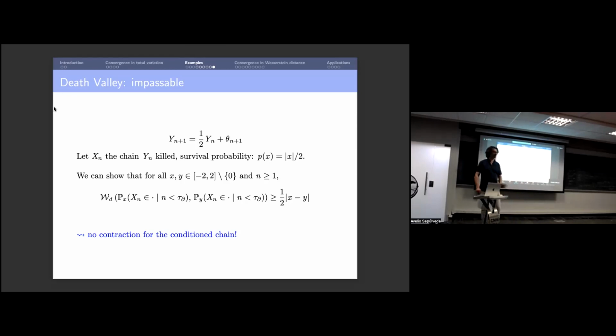So this is a case where, even though there's almost sure contraction of the path, due to the killing you don't have convergence in Wasserstein distance. It's just wrong.